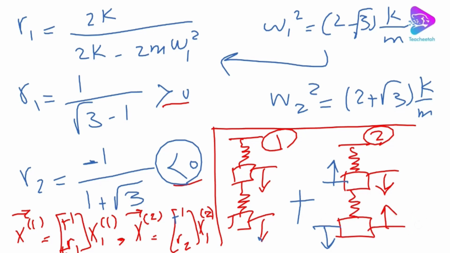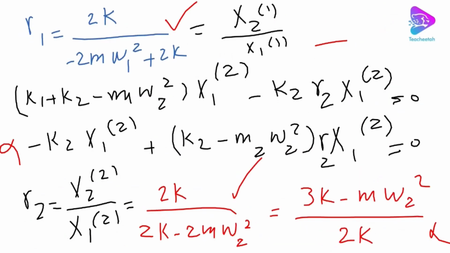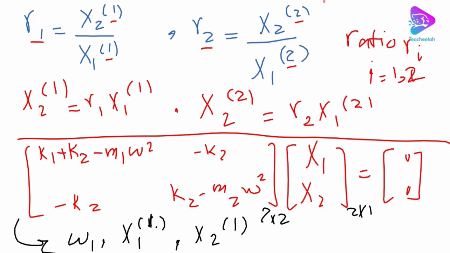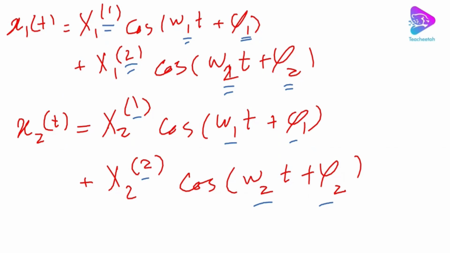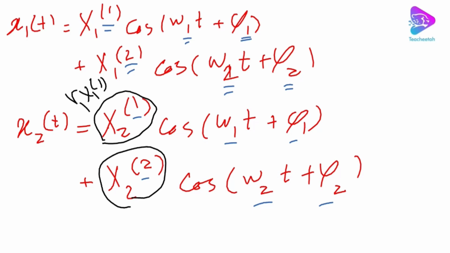So far, we were able to find the natural frequencies of the system, omega 1 and omega 2, and we found the mode shapes here, right? This is the first mode shape and this is the second mode shape. And we knew that the final response of the system, as represented here, instead of x21 we can write r1 x11, and instead of x22 we can write r2 x12.